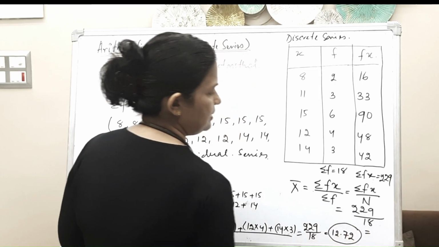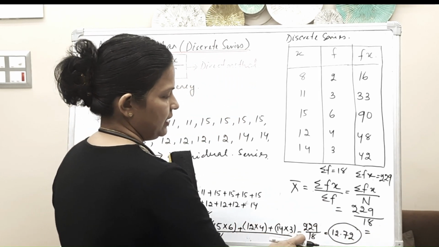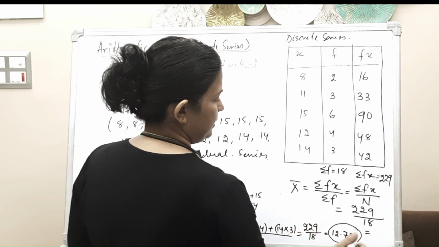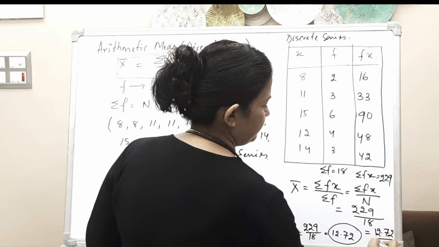So what is the answer? 229 divided by 18 equals 12.72.